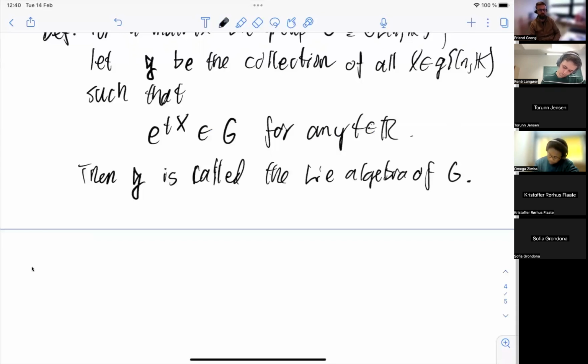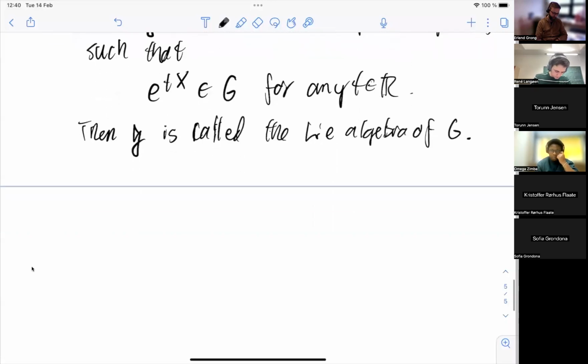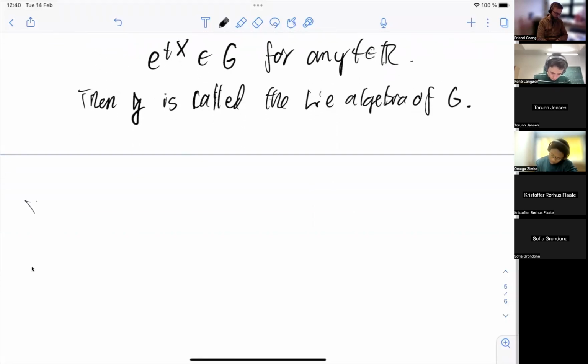So in other words, if you exponentiate with tX, then you end up in your Lie group. That is what we call the Lie algebra.